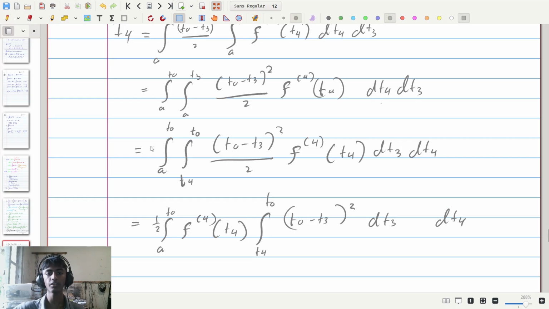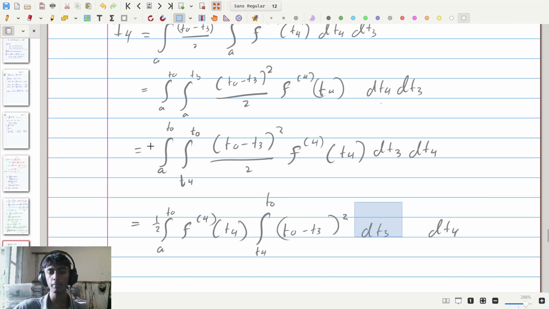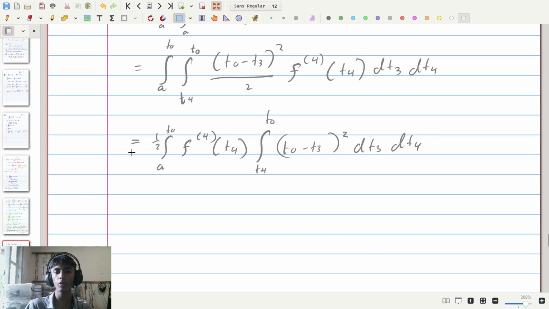So now we can see with this first part over here, this thing is exactly what we had in lemma number 2. We used lemma number 2 to solve this exact expression, which is why I actually have lemma number 2 as a lemma. So here we can see we have (t0 minus t3) squared, so here n is equal to 2.